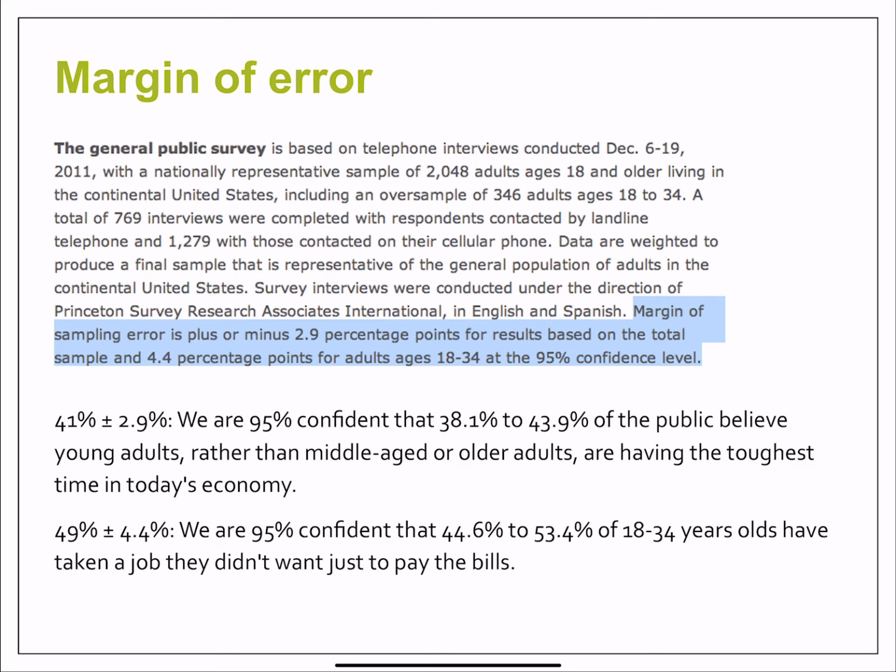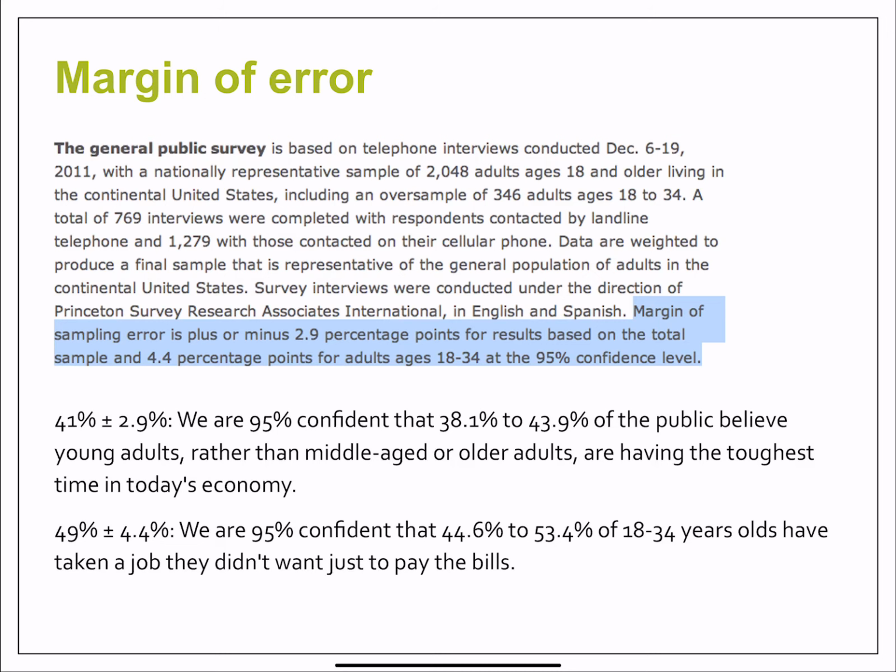A total of 769 interviews were completed with respondents contacted by landline telephone, and 1,279 with those contacted on their cellular phone. Data are weighted to produce a final sample that is representative of the general population of adults in the continental United States.